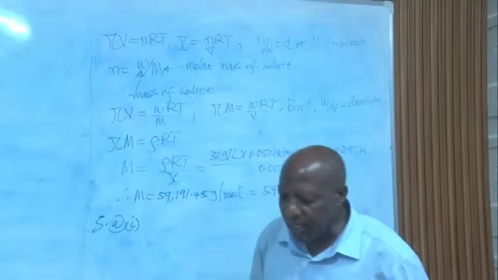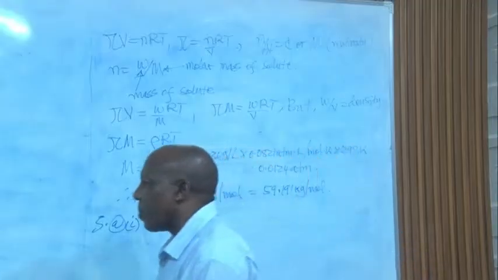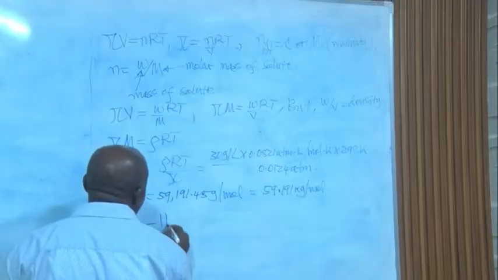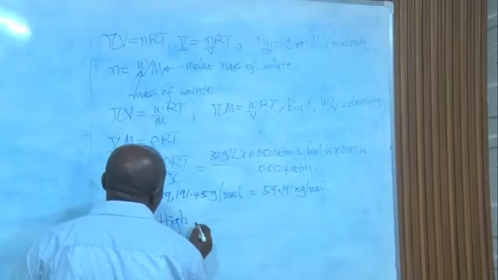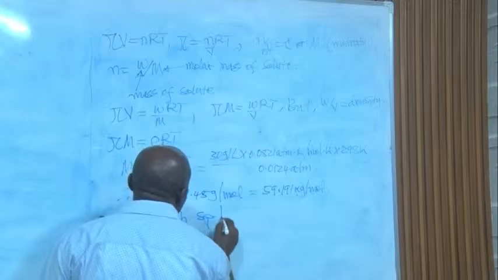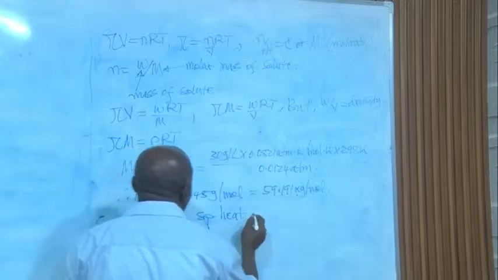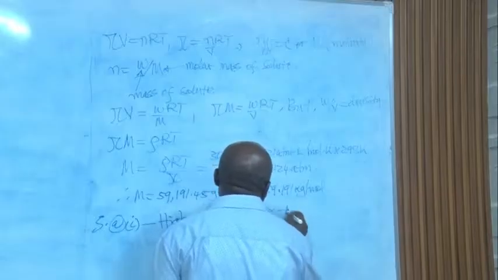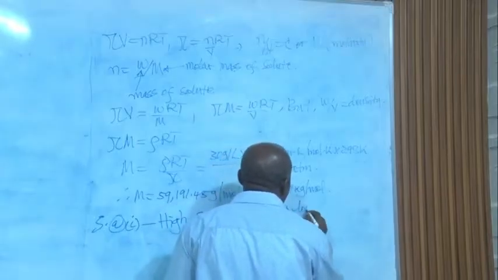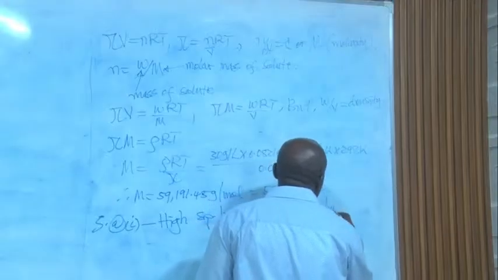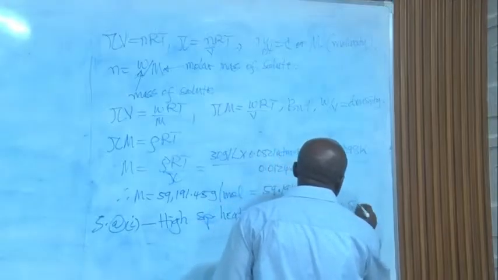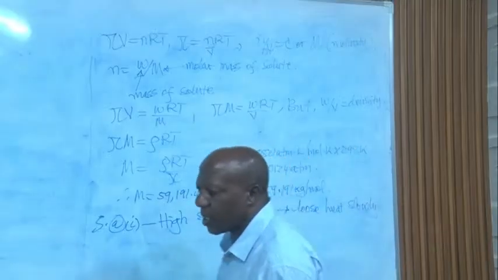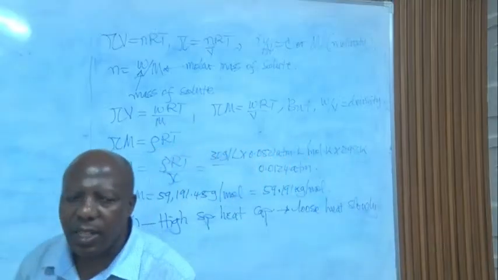So here the answer is: materials with high specific heat capacities normally lose heat slowly. Not only do they lose heat slowly, they also gain heat slowly.